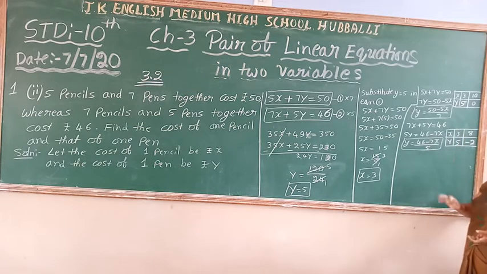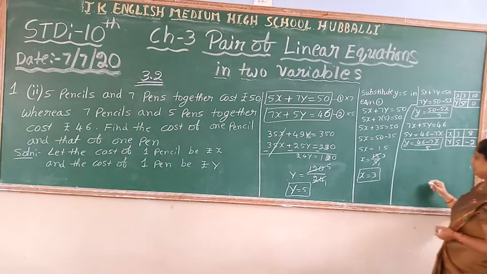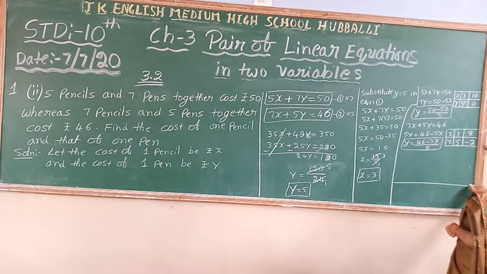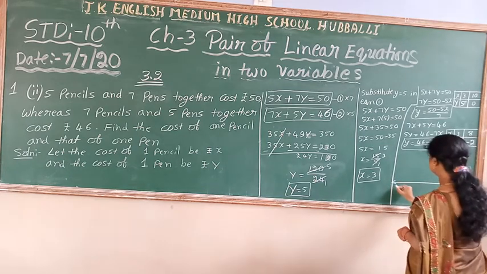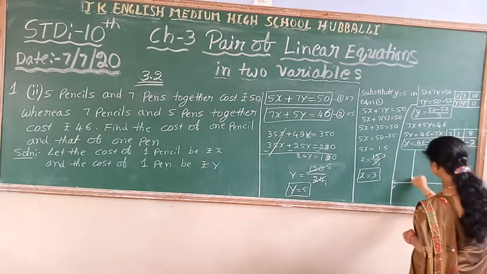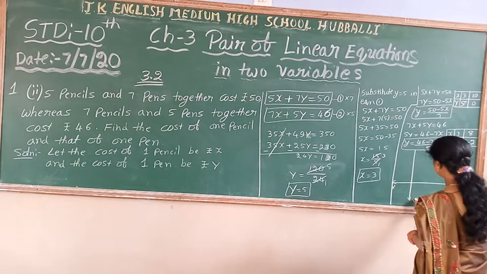You represent this on the graph. See, this is the x axis, x dash, the y axis, y dash.